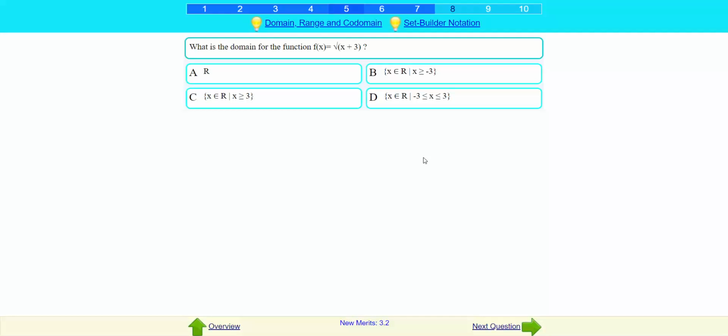Okay, what is the domain for the function of x, square root of x plus 3? As long as x does not equal minus 3, we're good. Greater than or equal to minus 3? No, it has to be greater than, because if it's minus 3, then what is the domain?